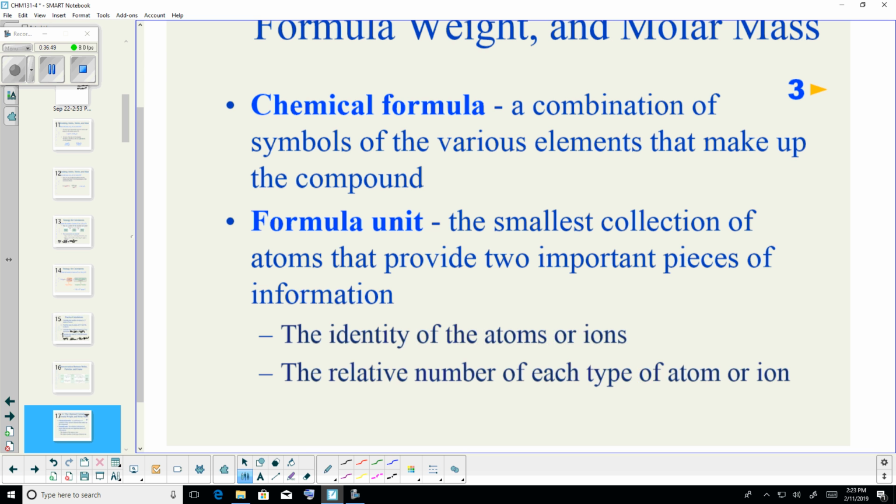So water, H2O, tells us we got hydrogen, oxygen. It also tells us how much: 2 hydrogen for each oxygen. It's not H4O2, it's H2O. It's got to be the simplest number.